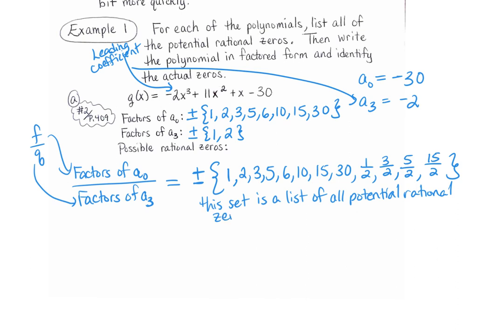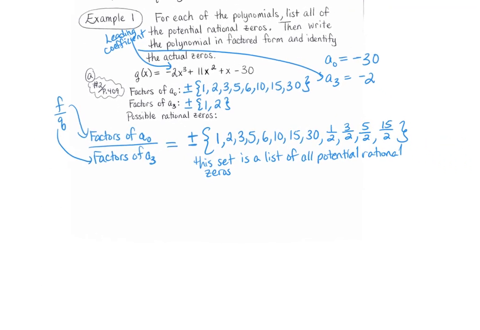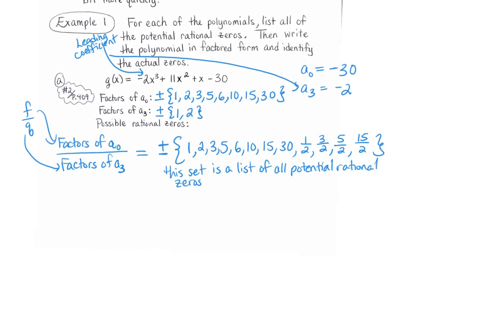Are we done? No, because what does it say we need to do? Good. It says we need to find the actual zeros, right? So to find the actual zeros, remember the hint up top says choose an integer. So I'm going to avoid the fractions right now, and I'm going to choose one of the smaller ones so our numbers aren't really large. You can start with 1, and you're doing this by trial and error.